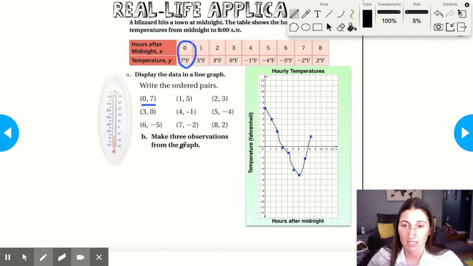So we can make a statement such as, so it's asking us to make 3 observations. So just by looking at it, we can say the temperature decreases from midnight until 6 a.m., at which point it increases. We can also look for a pattern where we're asking, where does the temperature decrease the most?